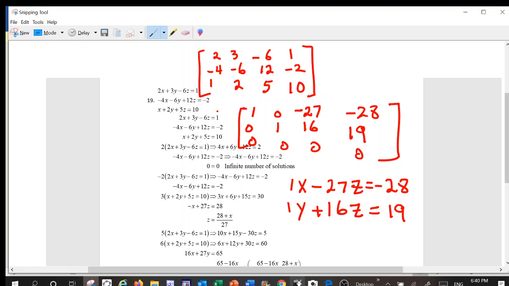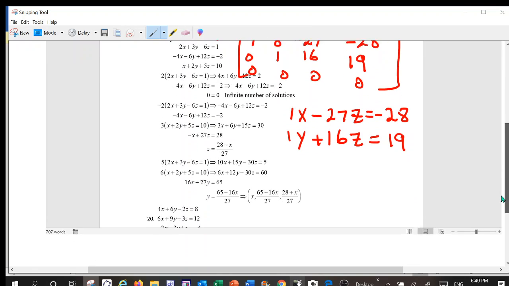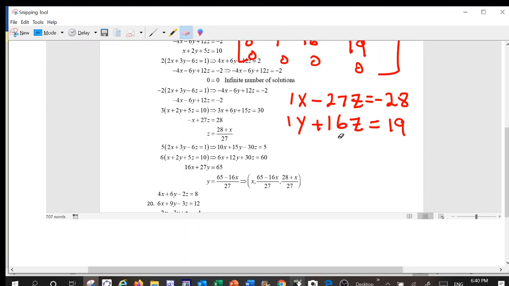Now the question is, how do I write the solutions for the system? Well, we can let x be a free variable and find z. Now I have that already here. If you do that, you get this. So just to have another example, I'm going to let z be the free variable and solve for x and y, which is much easier here, right?